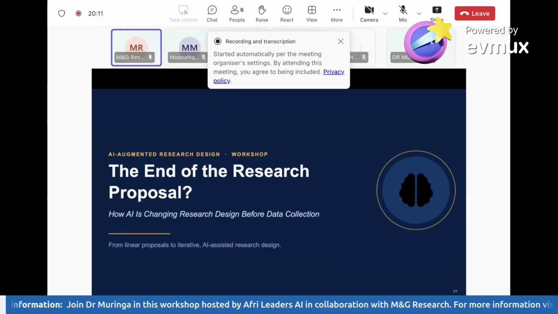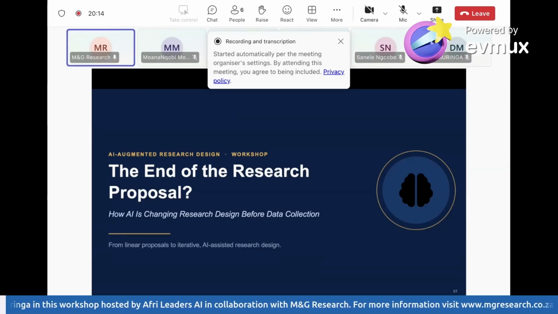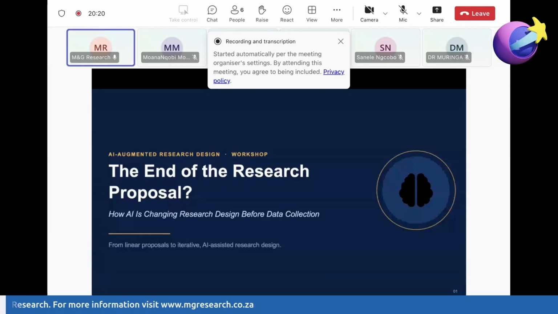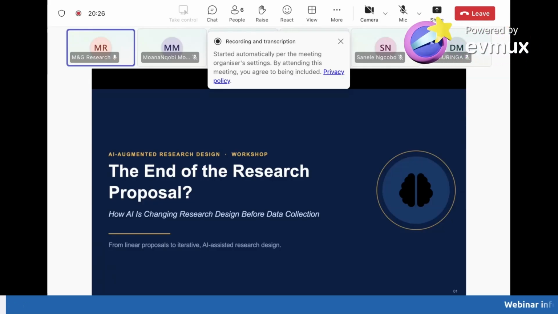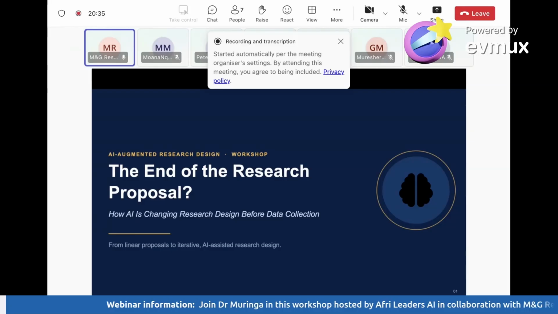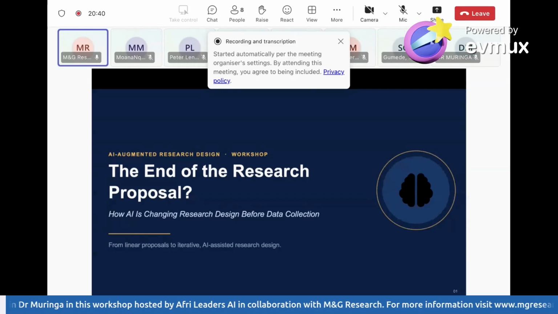So in this particular case, we are introducing AI as a research design and as a tool at the same time. So we conceptually look at how AI is transforming the space of writing a research proposal, and that's what we're going to be looking at in that particular case.